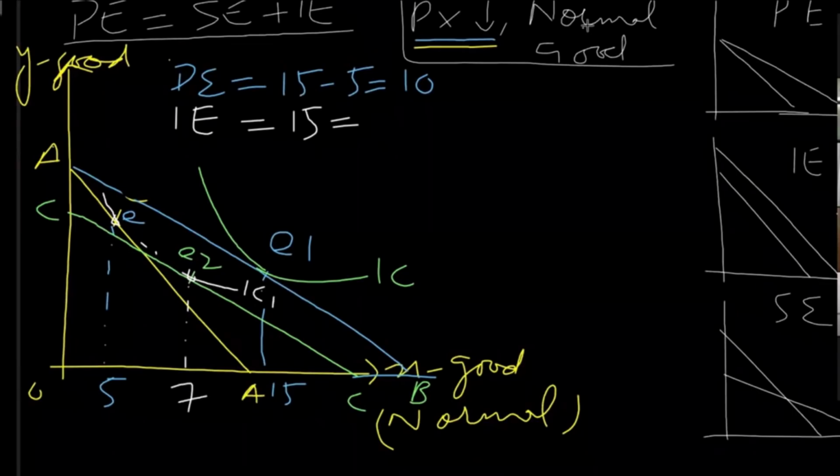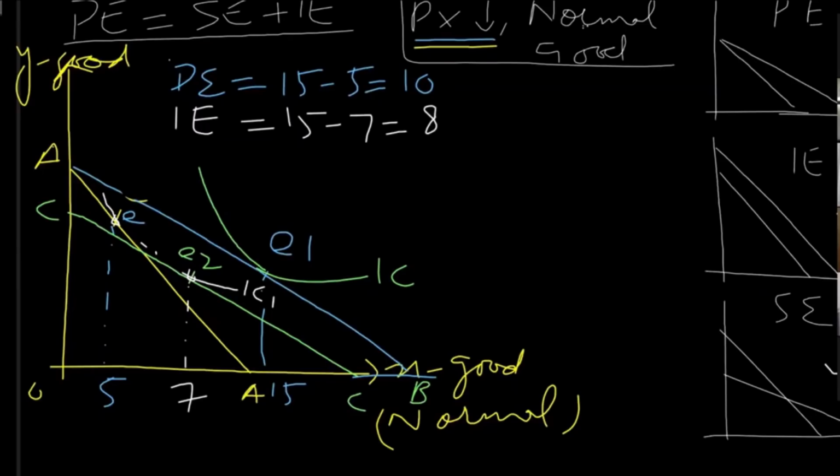Okay, now we have to find out income effect, and income effect is shown with two parallel lines. We have one combination at E1, and the other combination is at E2, and quantity at E2 is 7. So 15 minus 7 is 8, and now we will have to find out substitution effect.